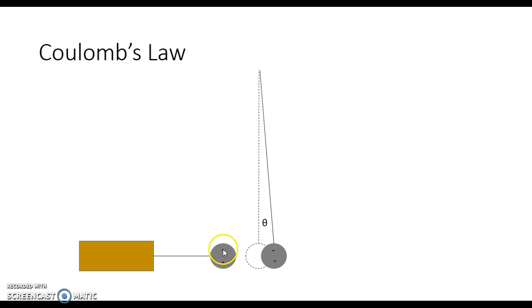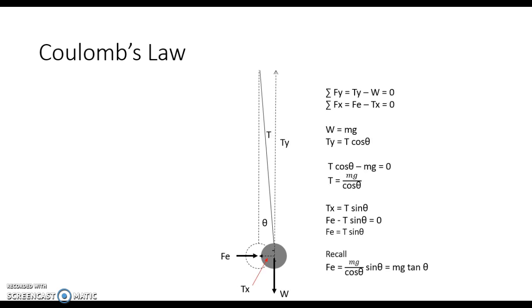And so we'll have 2 excess negative charges on this guided sphere, and 2 negative charges on this suspended sphere. Now you'll notice that this suspended sphere here has been deflected by an angle of theta, and this is a very, very small angle for our experiment. The reason why I'm mentioning that is because that's going to become important in a little bit.